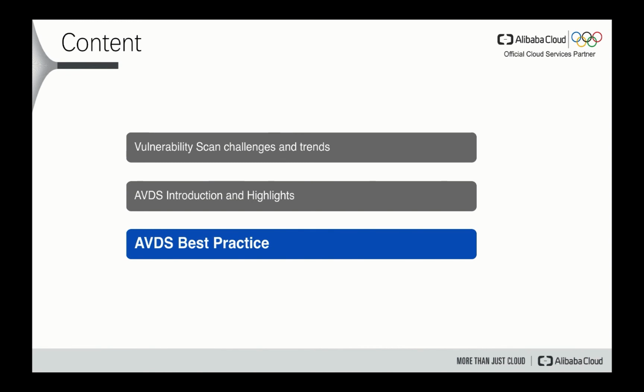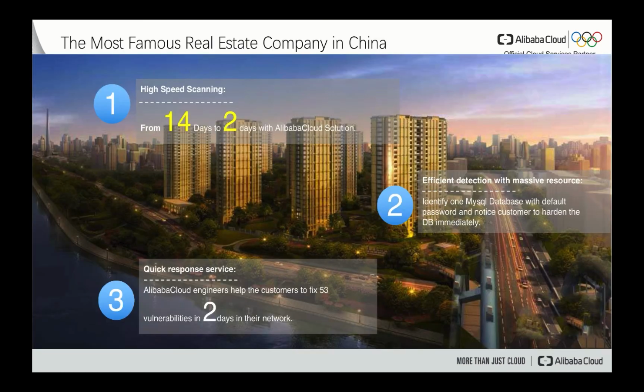Now let's look into some APTs best practices. Actually, some case sharing. The first one, we may not disclose the name of that company, but it's the most famous real estate company. After we did the APTs deployment for them, it really accelerated their scanning speed. Previously, they may take 2 weeks to do a full scan of their IT infrastructure, but with our solution, now it shrinks to only 2 days.